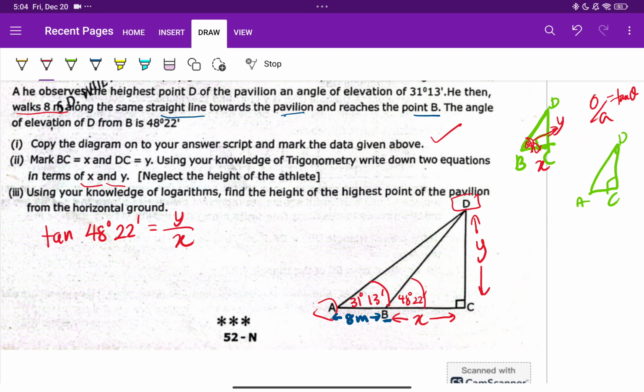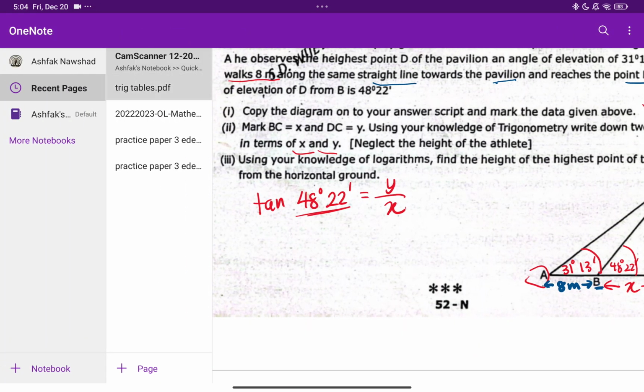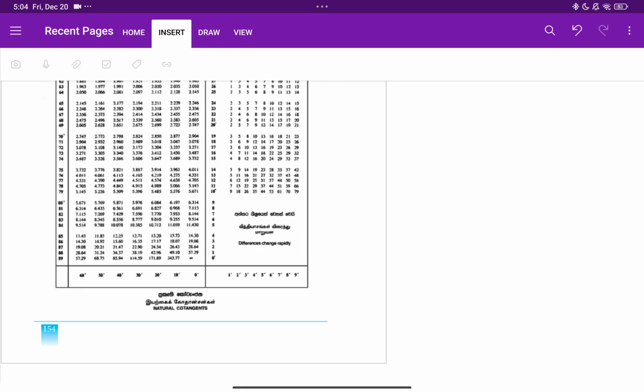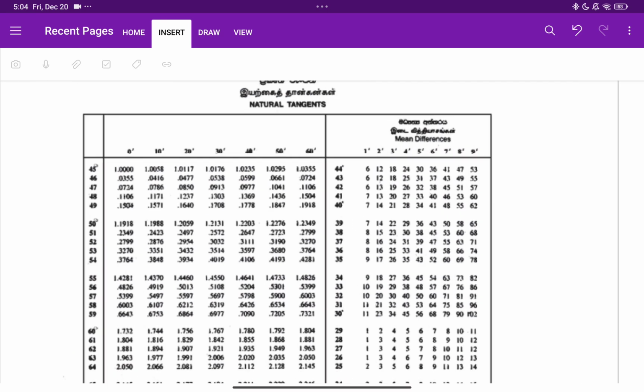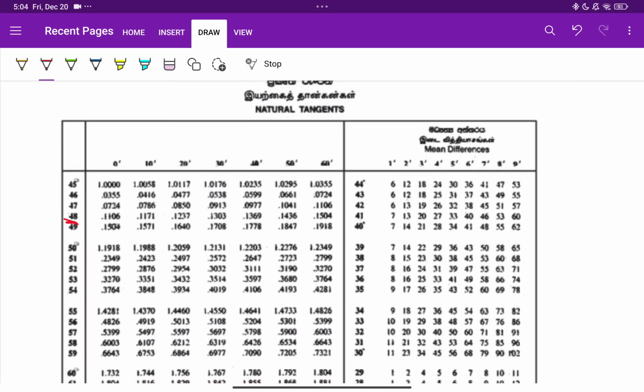So this equation is not complete yet because we have to keep them in the simplest form. Therefore we have to find the tan value of 48 degrees and 22 minutes. Okay, let's do that. 48 degrees 20 minutes, this is 1.1237.